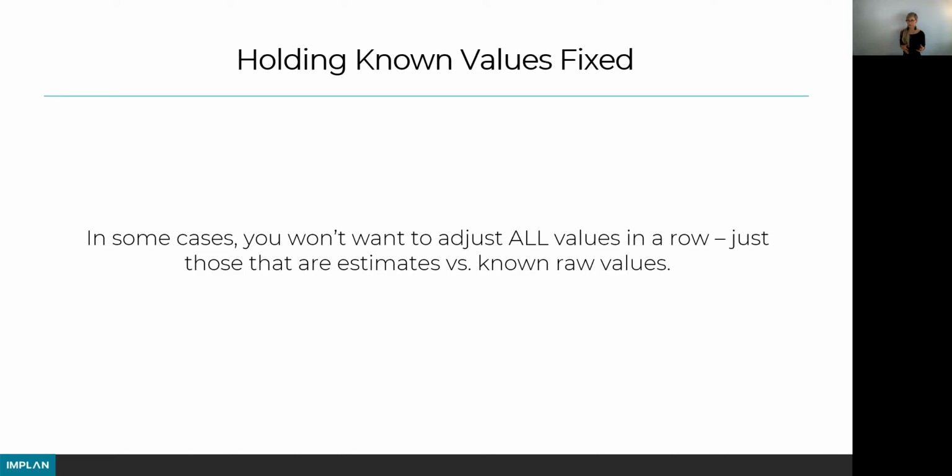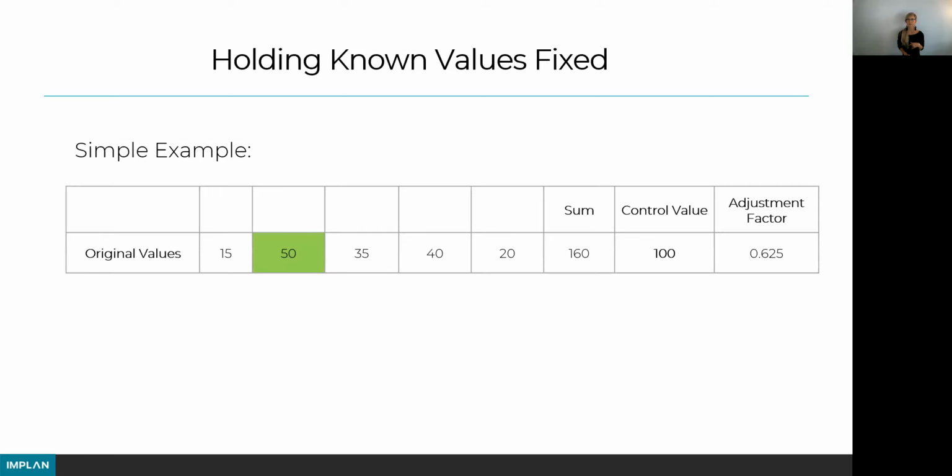Like I had mentioned before, a lot of times you're going to have missing values that you throw in an estimate for. Those are the ones you want to adjust. So you want to adjust your estimates so that they are in accordance with some known values in the matrix, as well as that known control total. So let me give you a simple example.